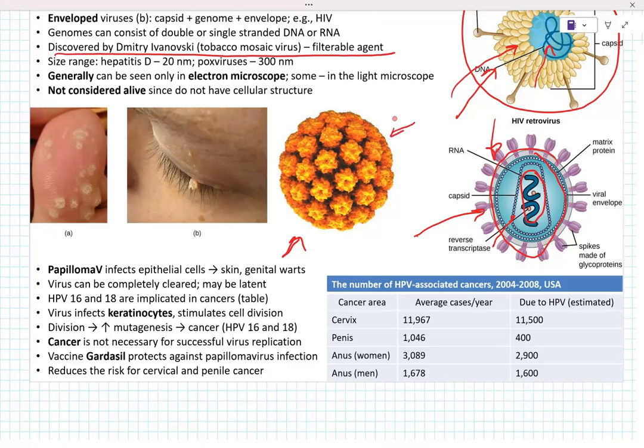It's a naked virus, so no envelope. And to my knowledge, it is the most resilient, like resistant to chemicals, among viruses that infect humans. You have to have pretty concentrated bleach to inactivate this virus. It infects stratified squamous epithelium.